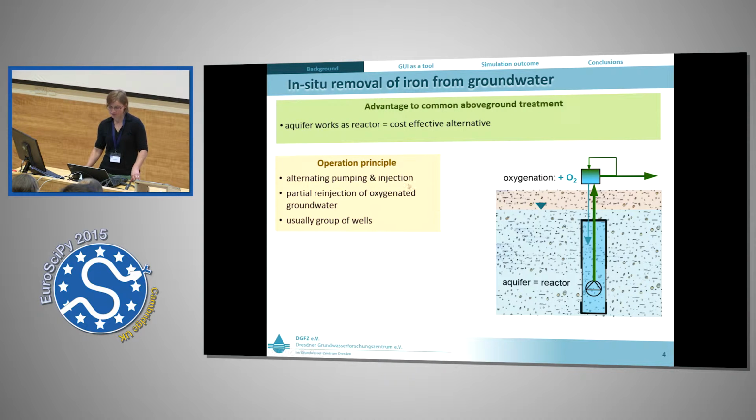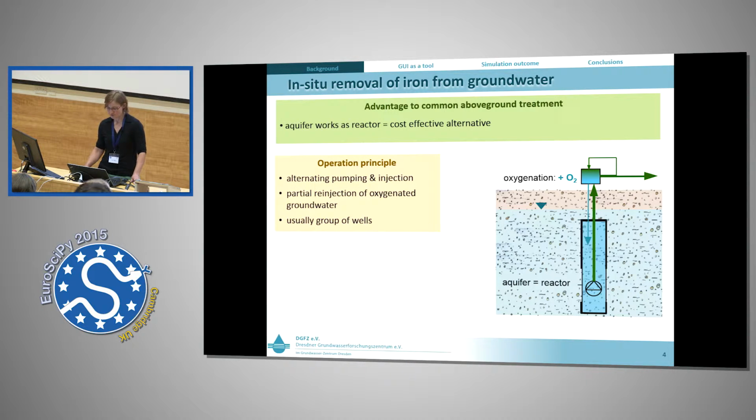And the operation principle is then that you do alternating pumping and injecting, so you re-inject a part of this oxygenated water. So usually you do not only have one well, but a whole group of wells. So this is a method which is increasingly used to treat groundwater, to use it for drinking water.